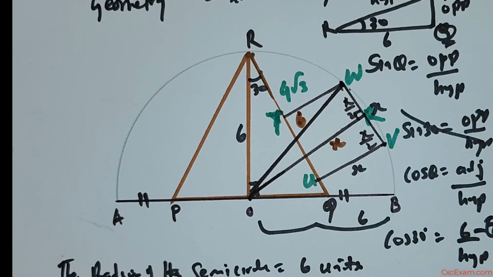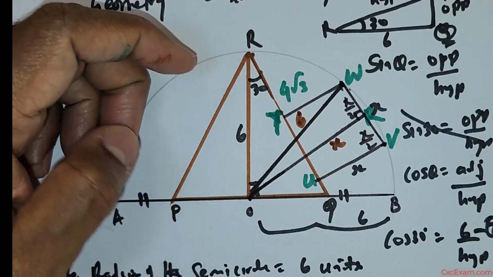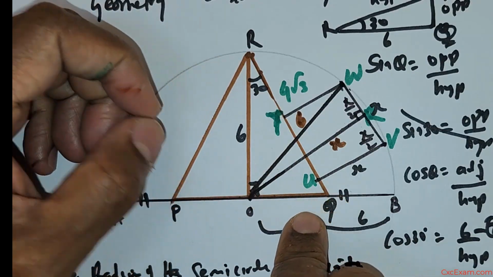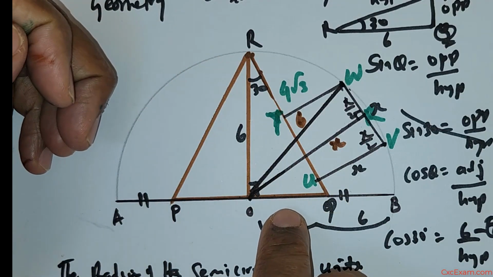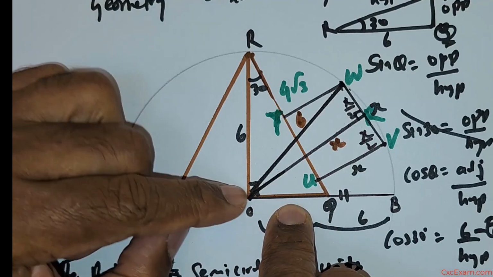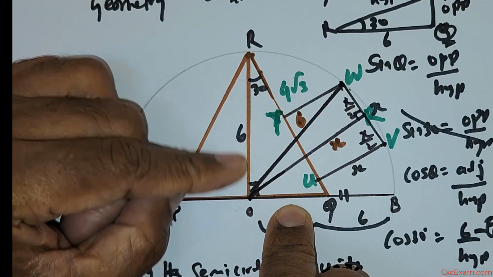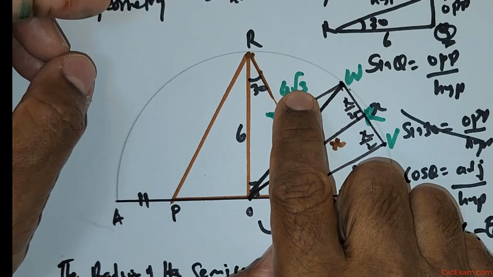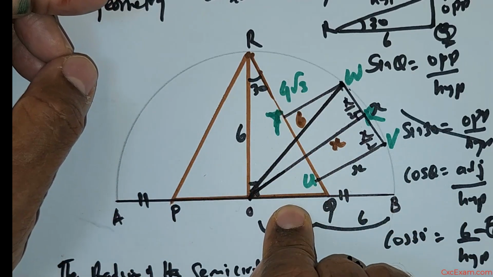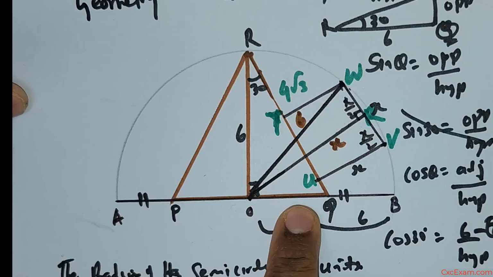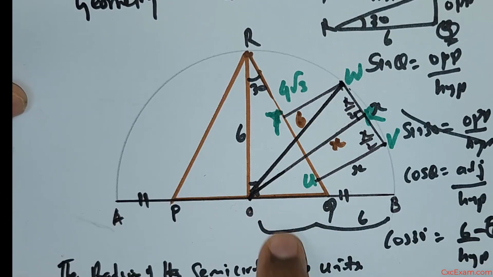This triangle alone has this as the base and this as the height. We know this distance and this distance, so we can always get this distance by applying Pythagoras.